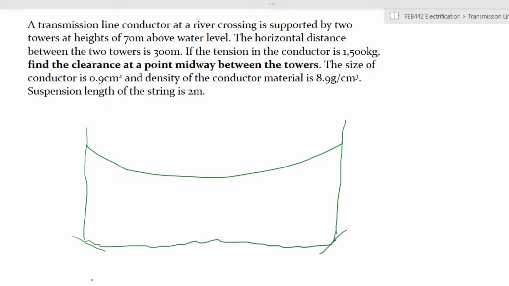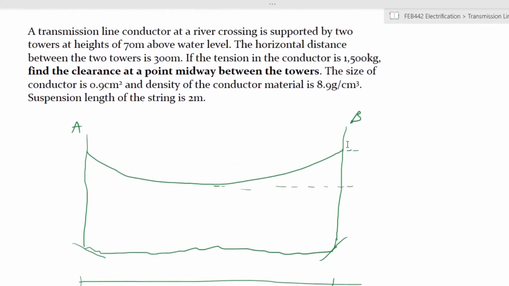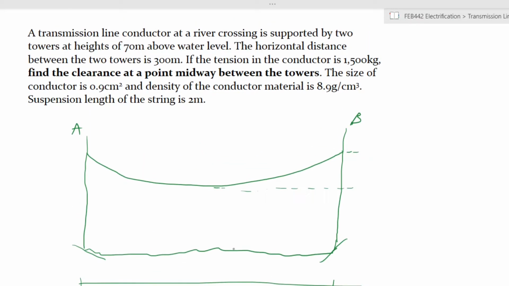The horizontal distance between the 2 towers is 300 meters. And you have your height, which is unknown. Find the clearance from the point midway. So this is your point midway, halfway there, and you're looking for the clearance, which is here.